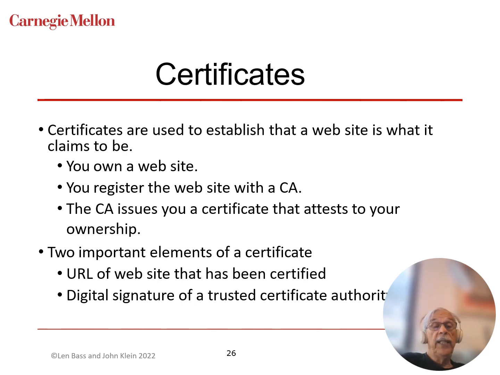So you own a website, you register the website with a certificate authority, and they issue a certificate that attests to your ownership. So what does that mean? The certificate has the URL of the website that you've registered with them, and it's got a digital signature of the trusted certificate authority.